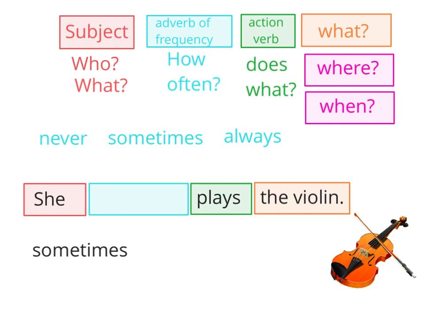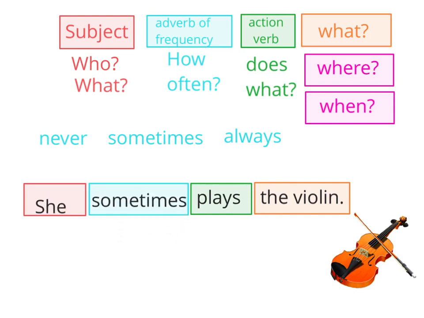She plays the violin. That is a sentence. But we might want to answer the question, how often does she play the violin? And we are going to say, sometimes. She sometimes plays the violin. And this goes right between the subject and the verb.